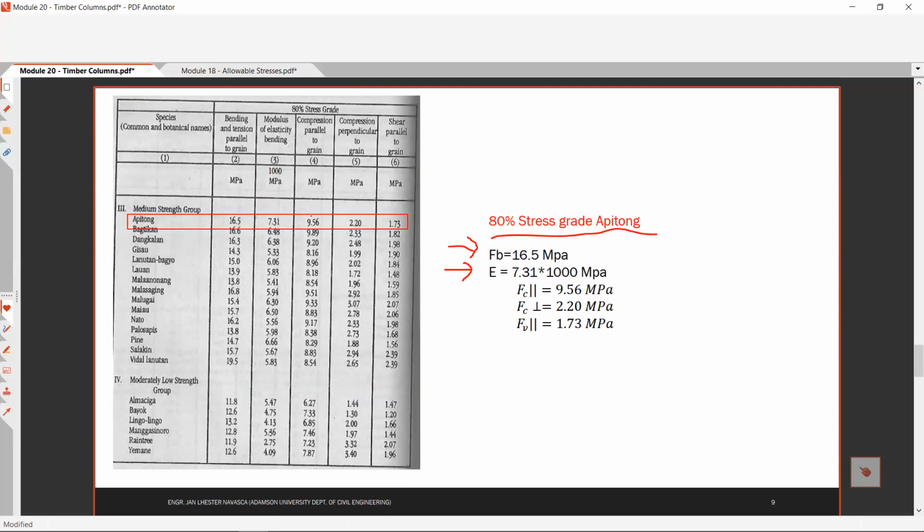Okay. Next natin is FC parallel to the grain, that is 9.56 megapascal. Your FC perpendicular to the grain is 2.2 megapascal. And your shear parallel to the grain is 1.73 megapascal. So kompleto na yung properties of our apitong.